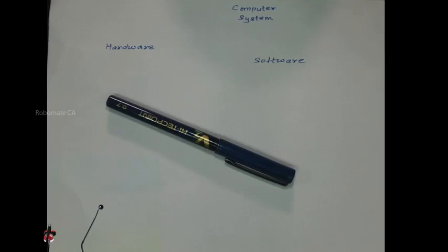So don't you think each and everything should happen in a sequence, in an order? And that is nothing but a program. A program contains instructions that have to be written in a specific sequence, in a specific order. Search the file, open the file, edit the file, save the file. Am I right or wrong? Don't you think this is a logical sequence?